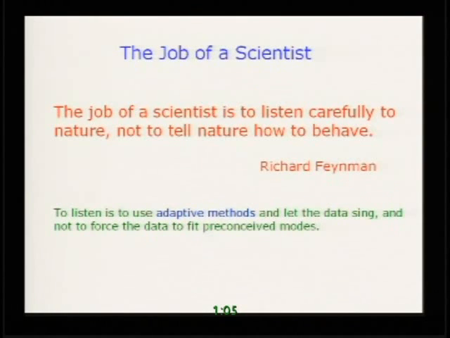So we have to listen to nature. If we want to be a good scientist, listen to nature carefully. It's important, not impose anything on that. And how can you listen to them, not impose on them? You adapt. We all adapt. If we do not adapt, we'll still be single cell, swimming around.